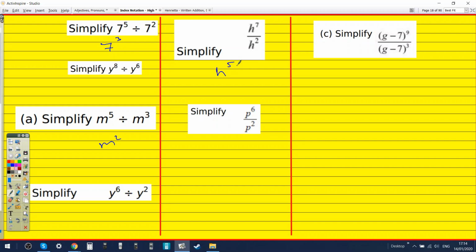Mm-hmm. And under that one? P 4. Yeah. And any idea about the top right one? Is it G 0? Just G 1. No. So I'm not worried about this top one. It's just G minus 7. So you copy the base and then you subtract the powers. And that's 6. 9, 3, 6. Just a weird one.